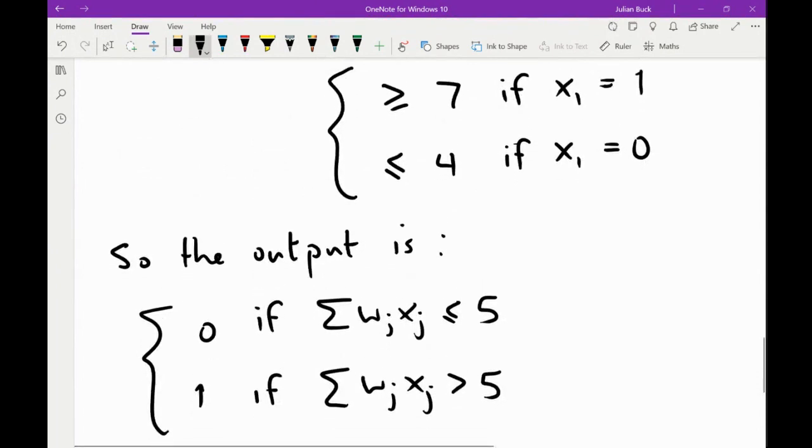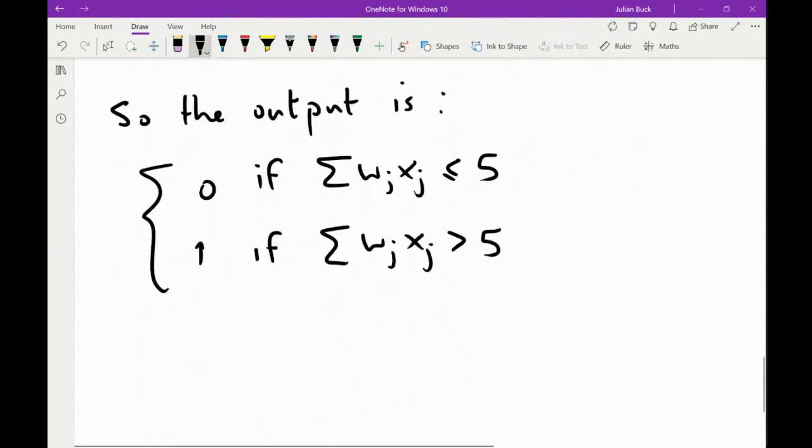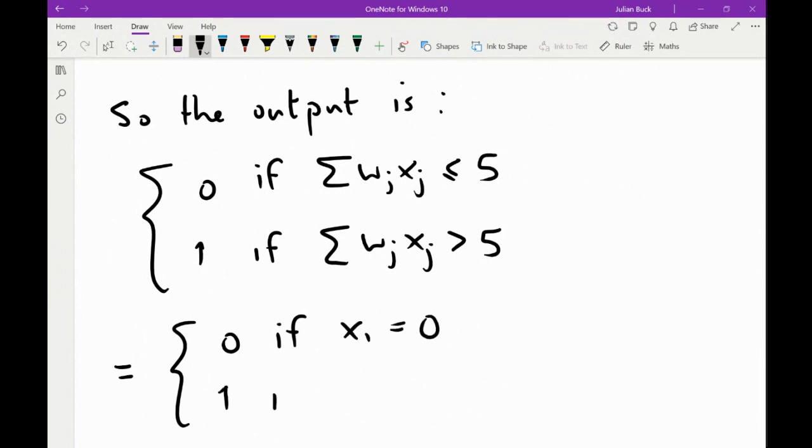But because of the observations made here, that exactly corresponds to it being 0 if x1 is 0, and 1 if x1 is 1. So in other words, if the weather is not good, then it's 0, so we don't go. And if the weather is good, it's 1, so we go. Because if the weather is not good, the value can never exceed the threshold. It can be at most 4, which is less than 5. And if the weather is good, the value of net input is already 7.